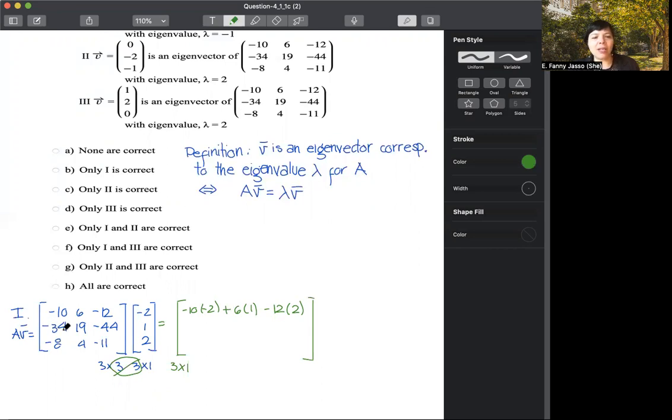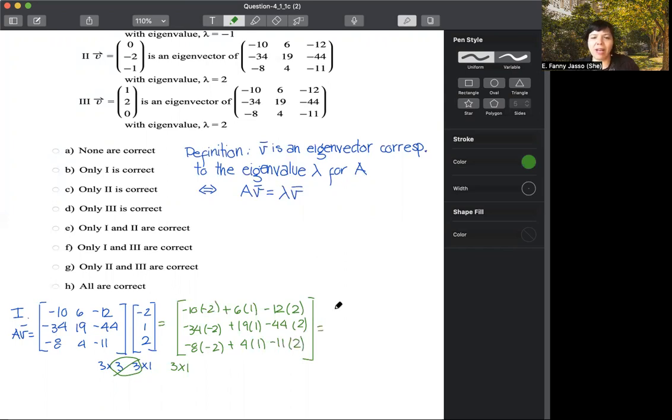For the second one, I'm going to get -34 times -2 plus 19 times 1 minus 44 times 2. And finally, -8 times -2 plus 4 times 1 minus 11 times 2.